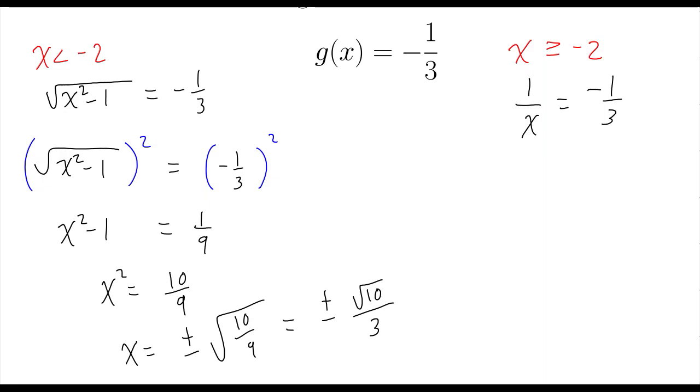All right, so what does that actually come out to be? Let's see. If I type it in my calculator, I get about positive and negative 1.05. Okay, so now here's the reason why this will not work. If I go back and plug it in to test it out, 1.05 squared minus 1 is about 0.1025.